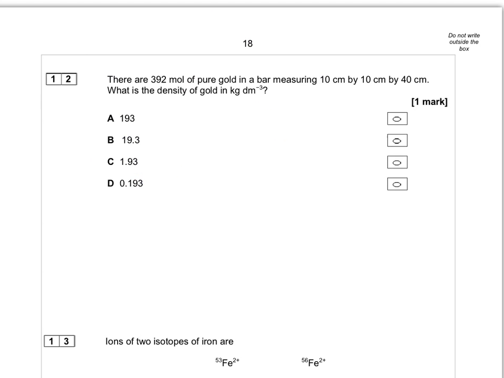There are 392 mole of pure gold in a bar measuring 10 centimetres by 10 centimetres by 40 centimetres. What is the density of gold in kilograms per decimetre cubed? So the first thing you need to know is an equation for density. Density is equal to mass divided by volume.